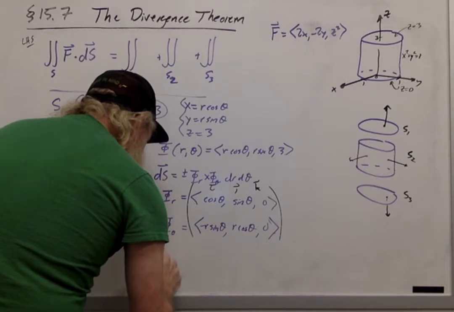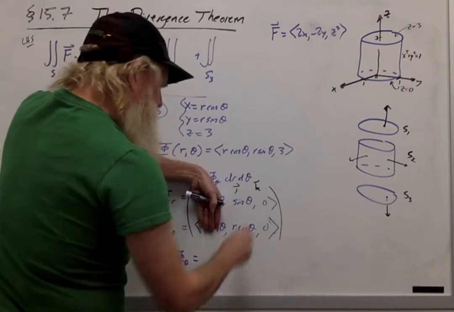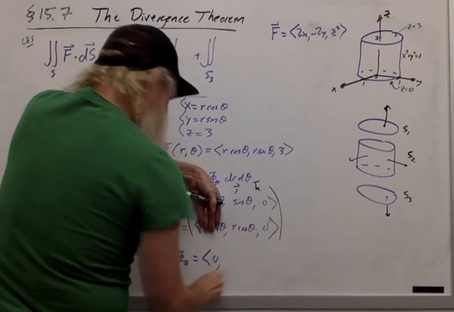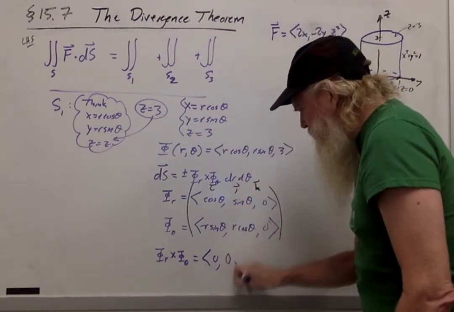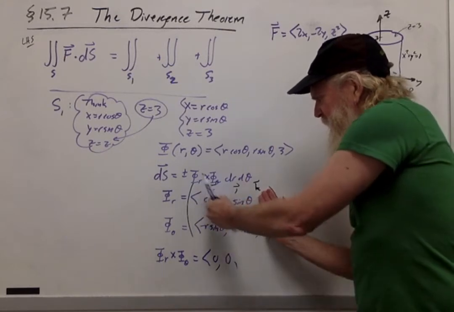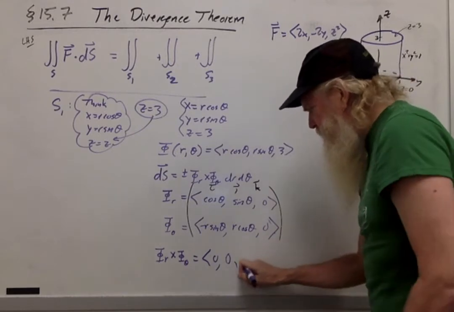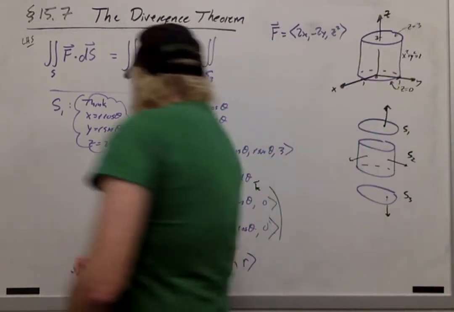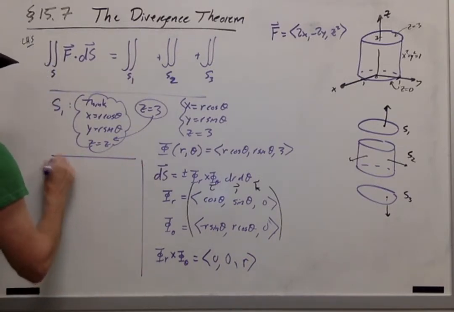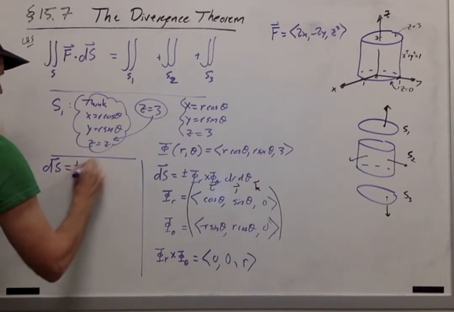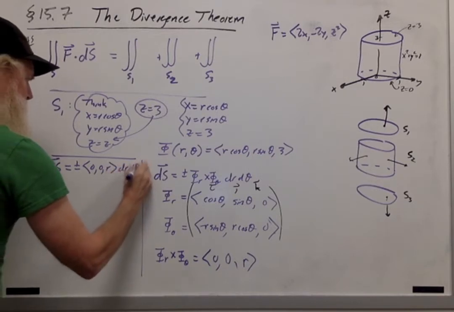So the phi dr crossed with the phi d theta will be i times 0 minus 0, minus j times 0 minus 0, plus k times r cosine squared plus r sine squared, which is r. So to capture what we've got over here, I know that big vector dS is going to be plus or minus 0, 0, r dr d theta.